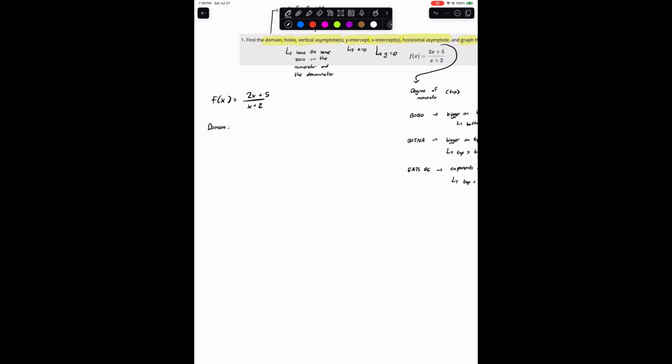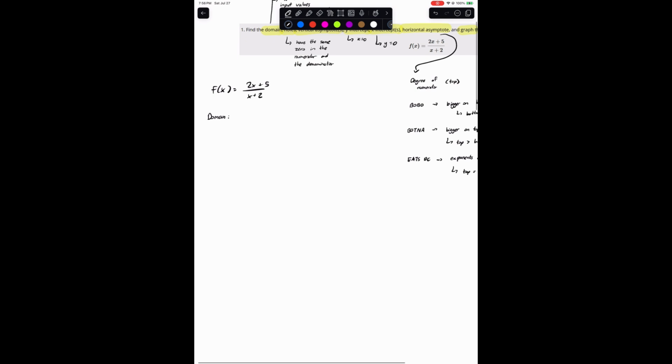And if you have a denominator somewhere, that denominator cannot be 0. It is the cases in which that denominator is 0 where you find your vertical asymptotes and your holes. Okay. So first things first, we're going to look for restrictions.